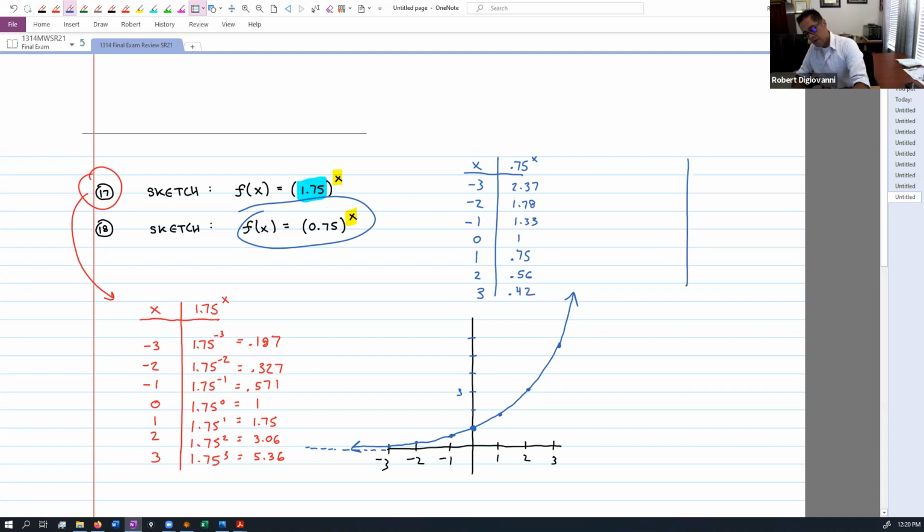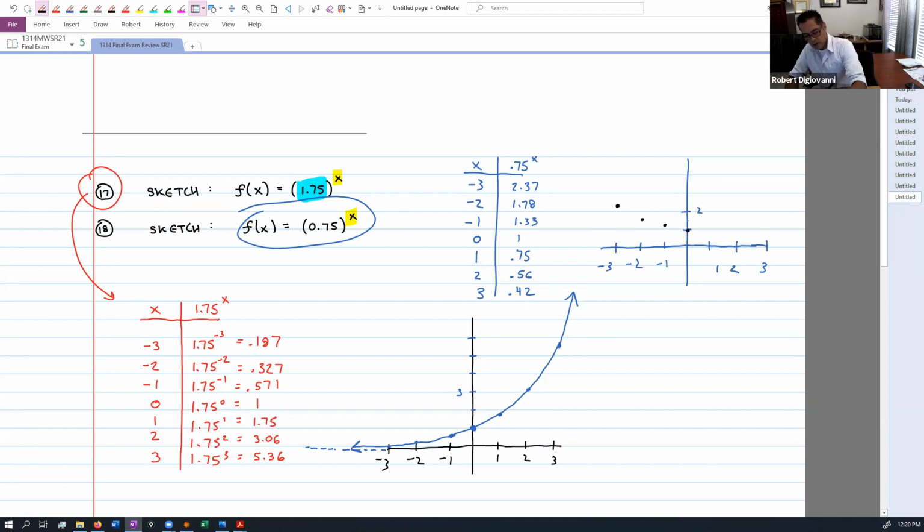And if you graph these, then let's see, this is 1, here's 2. So at -3, you're at 2 point something. Then at -2, you're at 1.7. At -1, you're at 1.3.